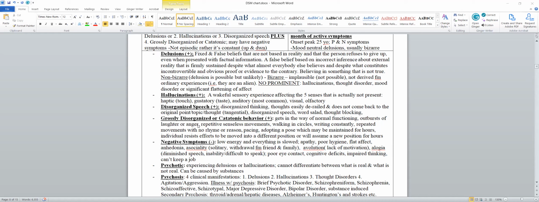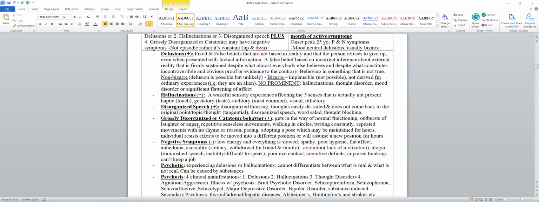There are no prominent hallucinations, thought disorder, mood disorder, or significant flattening of affect. So these things cannot be present with the delusion.